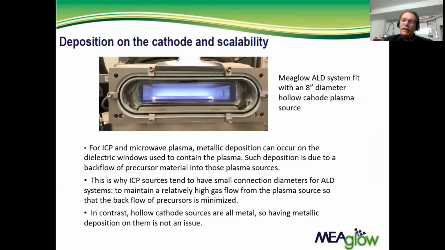And there are some advantages in this now, because ICP and microwave sources are very small sources, and they're small generally because you want to maintain a fairly constant flow of gas through them and not have backflow of metal organic into those sources. If they get metal organic on the quartz dielectric, that can reflect the power back into the unit and cause the quartz to eventually crack.